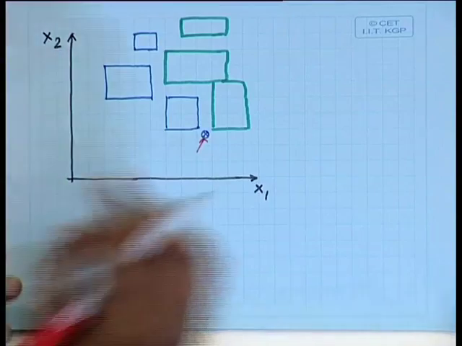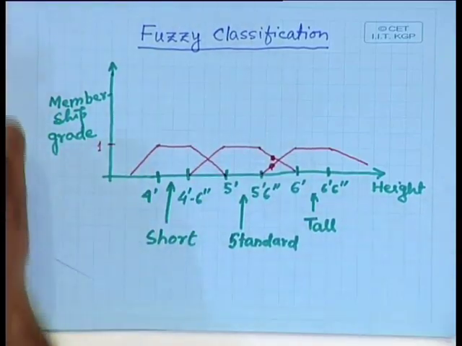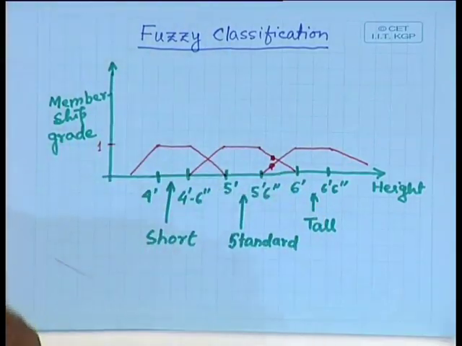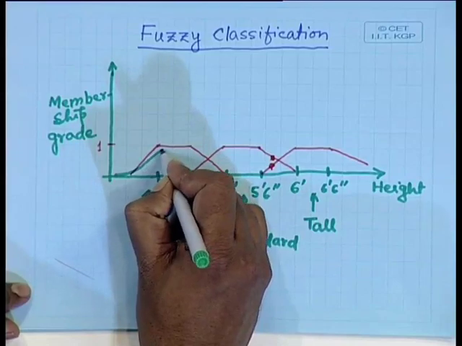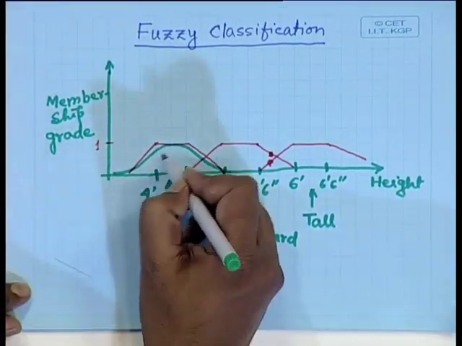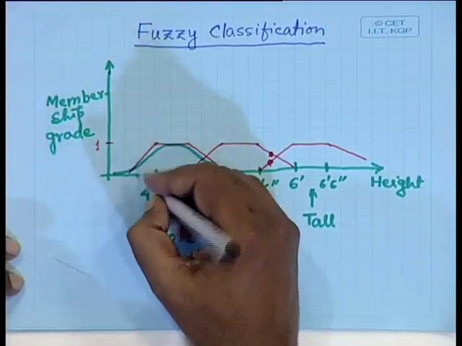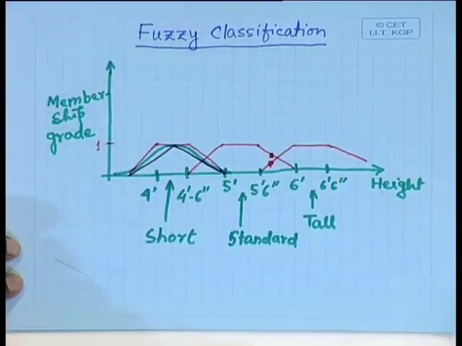Now, when I talked about this sort of membership profile, this membership profile is not unique. I can have other kinds of membership profile as well. This is what is simplest. The membership profile can be something like this. It can be a triangular membership, something like this.